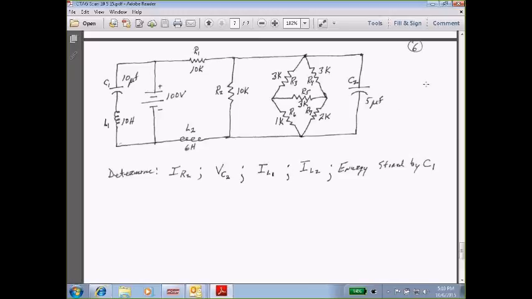Okay, questions about this particular problem? I was just curious about that circuit. You mentioned that another circuit was a temperature sensing type circuit. Does this circuit have a purpose, or is it just a good instructional tool?